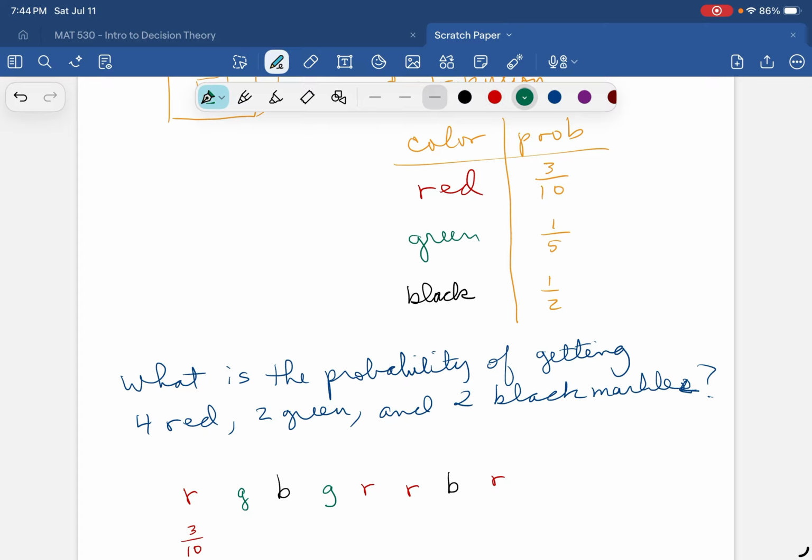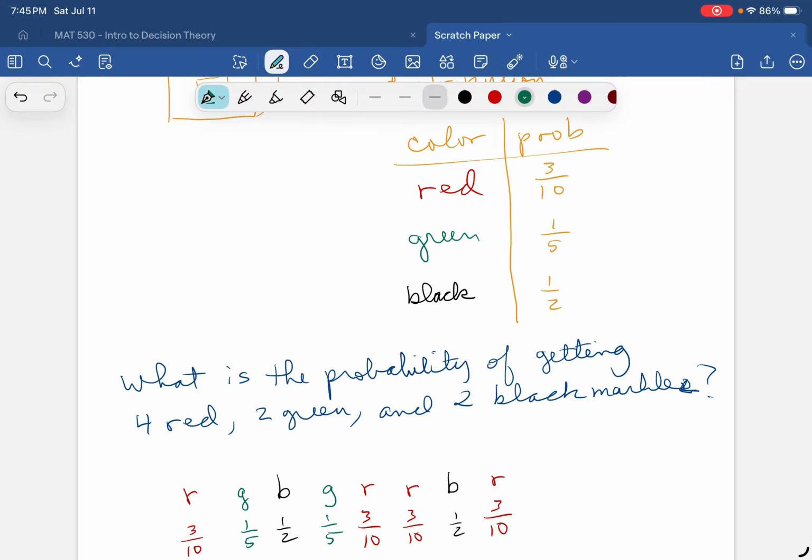And then followed by a green, which would be 1/5. And so you get the idea. I'm just going to fill these in. 3/10 there. And each one of these are independent, right? What the machine gave us last time has no bearing on what it's going to give us this time. So these are all independent trials.